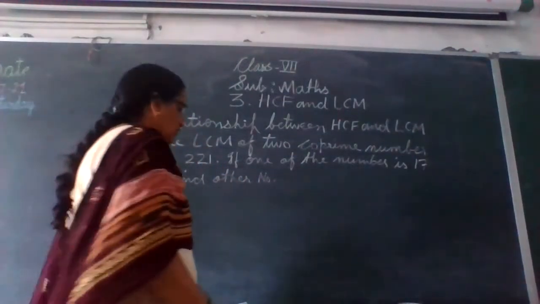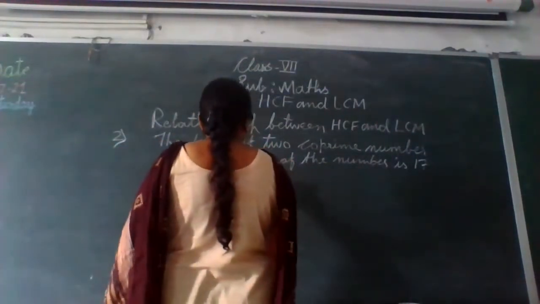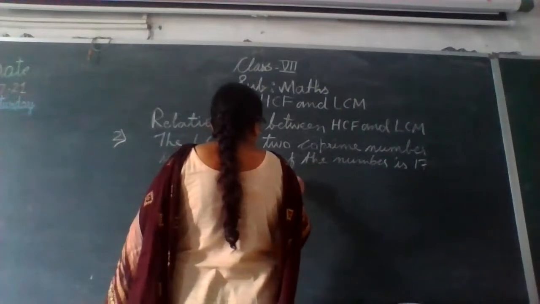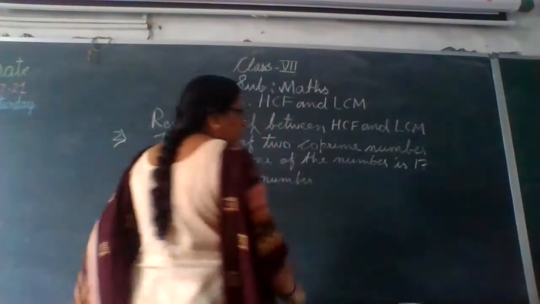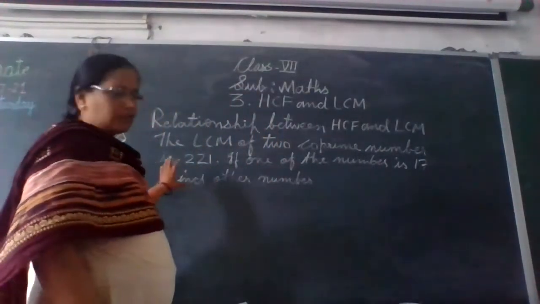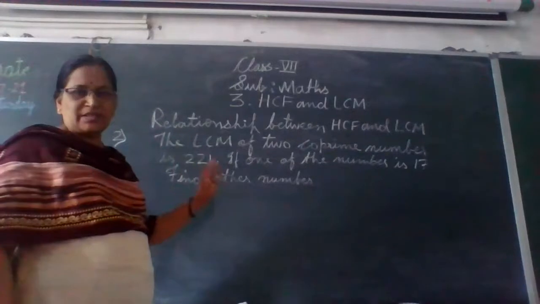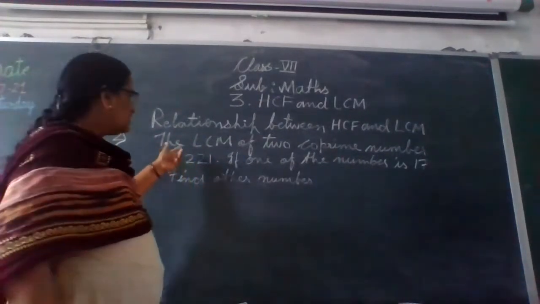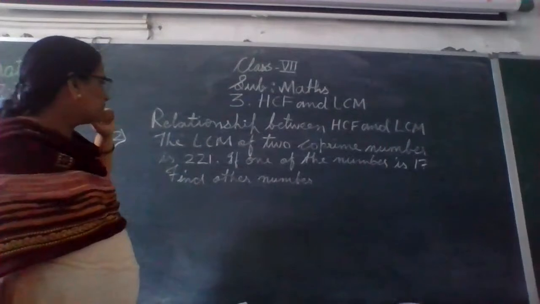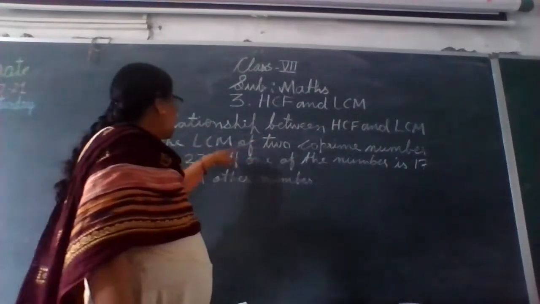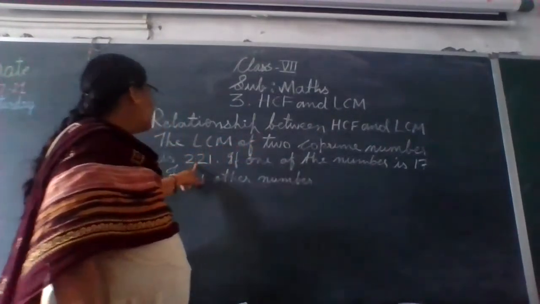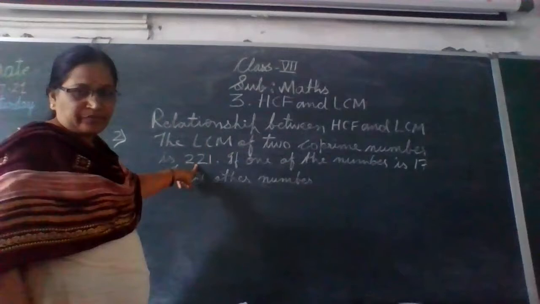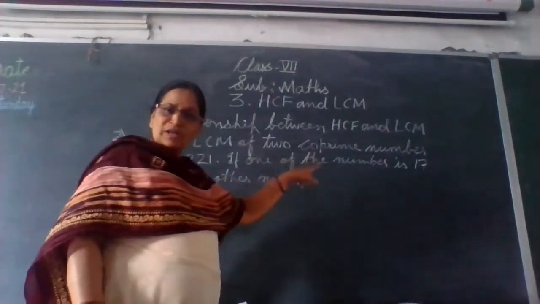Other number. Okay. So now tell me, beta. We must know four things: HCF, LCM, first number, and the other number. But see the question. The LCM of two co-prime numbers is given as 221, and out of the two, one number is given.